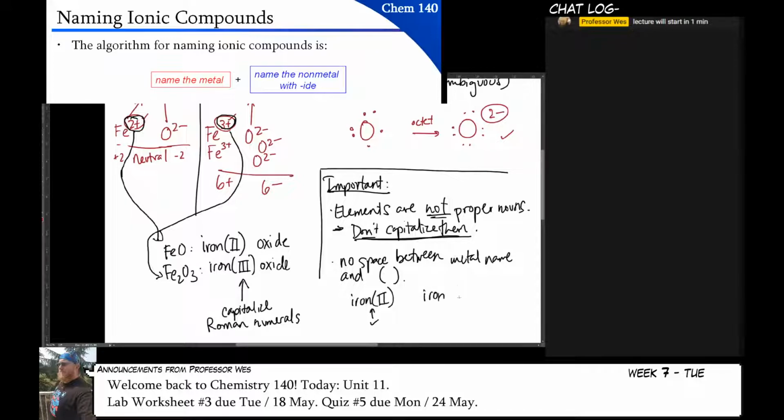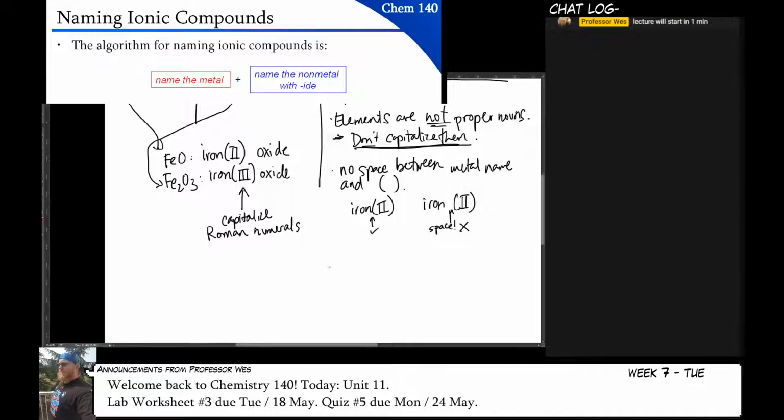But if you do this on Canvas, it will be marked wrong. Okay? Do not put a space between the metal name and the parentheses, because there isn't one. There is a space between the metal and the non-metal.